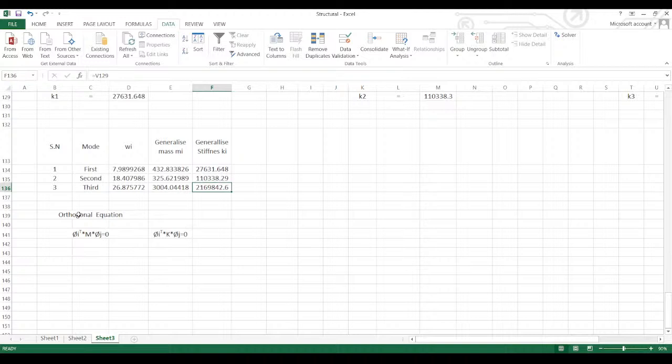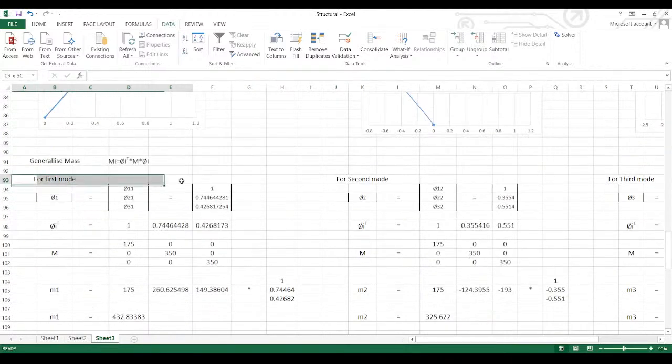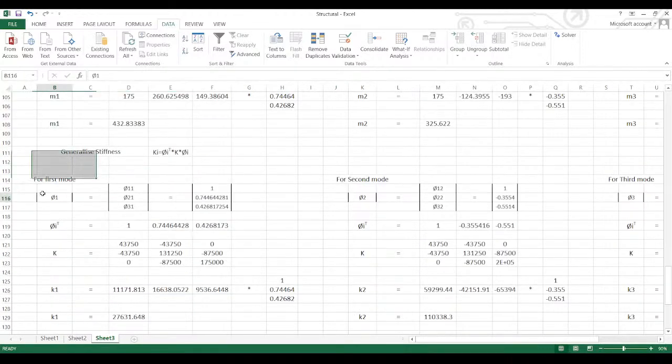And finally we have got the orthogonal equations. Orthogonal equations mean phi i transpose into m into phi j is equal to 0, and we have also calculated in this way phi i transpose into k into phi j is equal to 0. Similarly, you have calculated the mass matrix and the stiffness matrix.